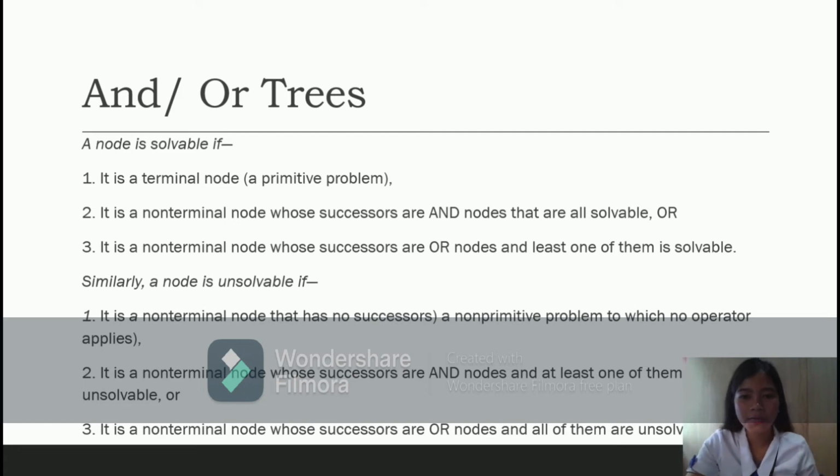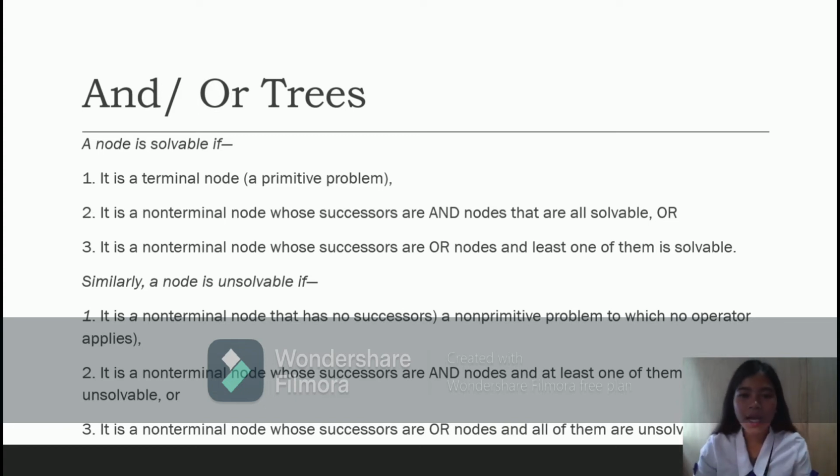Another example of a technique for problem reduction is called AND/OR trees. Here, the goal is to find a solution path to a given tree by applying the following rules. A node is solvable if 1. It is a terminal node, a primitive problem. 2.